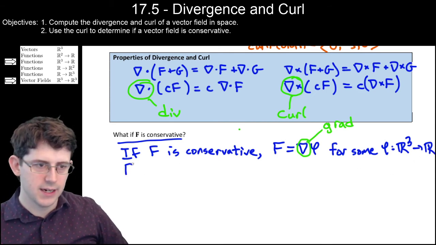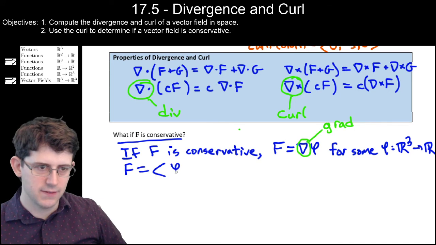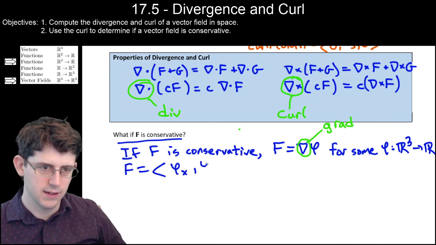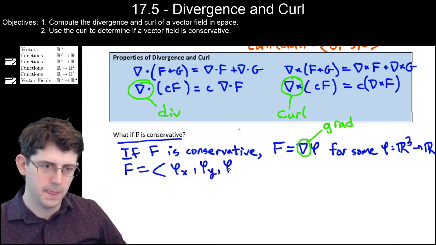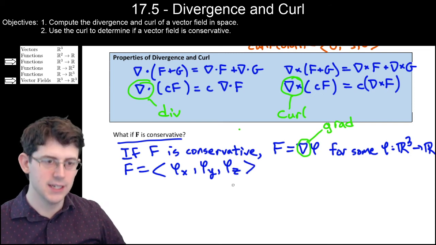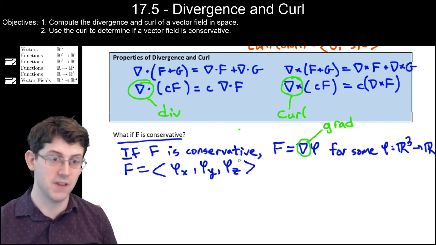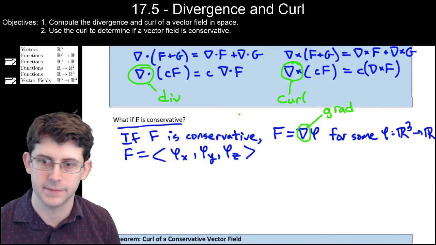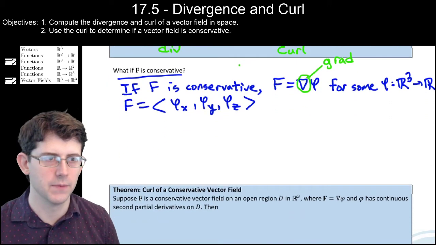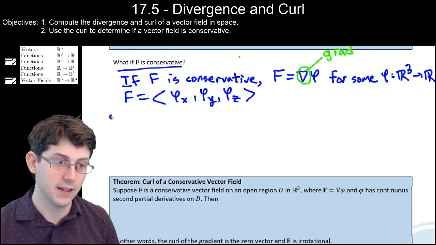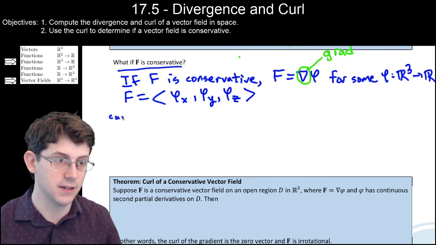So in particular, F is this vector field. It's the gradient of a function, a vector field that's just made of the partial derivatives of some function. Okay, well, if F is conservative, then the curl of F does something strange.